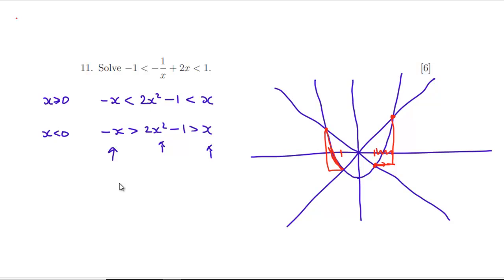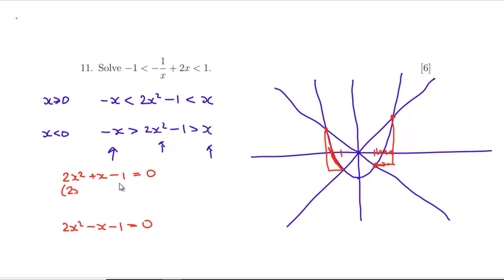So we just need to find where they're going to intersect with each other then. So we've got 2x squared plus x minus 1 is equal to 0. And then we need to do it again with a minus in the middle. So we need to solve 2x squared minus x minus 1 is equal to 0.